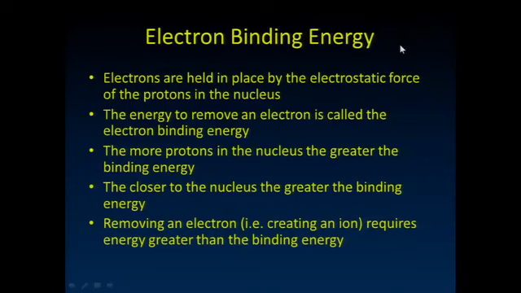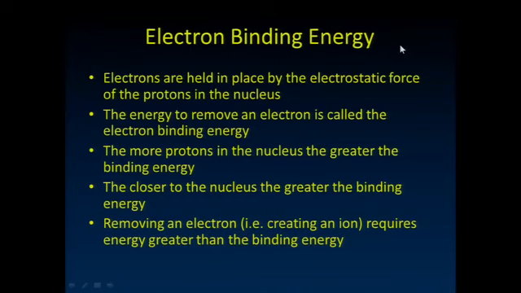Something that's more important to us is the notion of electron binding energy. How tightly are these electrons held in place in the atom? Well, think about it. A lot of that has to do with the electromagnetic forces that we talked about, some of the Coulombic forces. So the closer the electron is to the nucleus, the more tightly bound it's going to be.